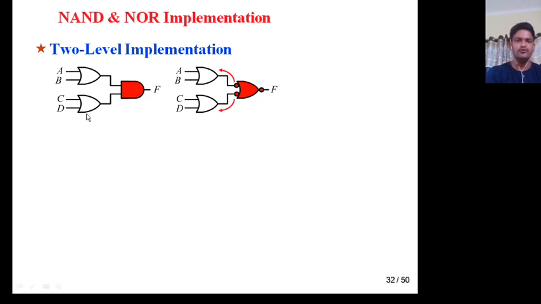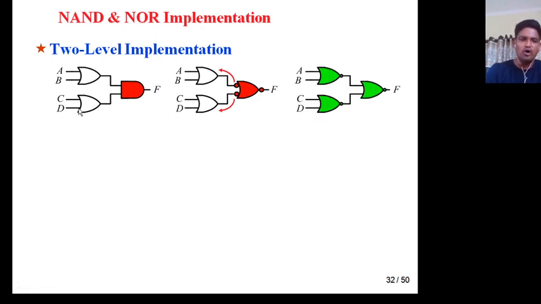Now suppose you have to implement by using NOR gate. In this case, it is POS, product of sum, F equal to (A plus B) dot (C plus D). Suppose you are implementing by using NOR gate, you require the plus term; this AND term is not required.